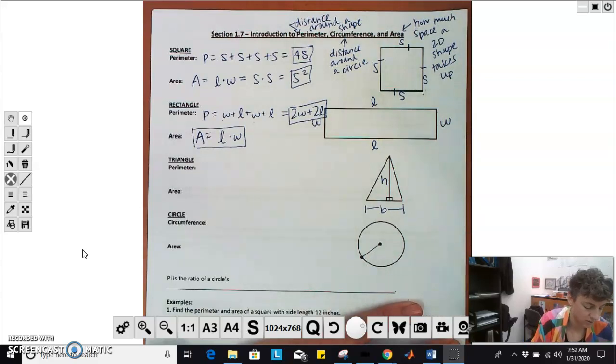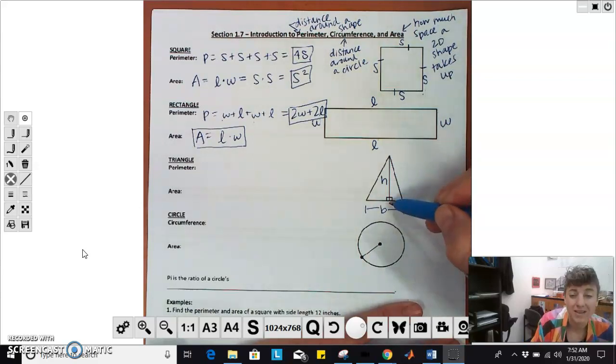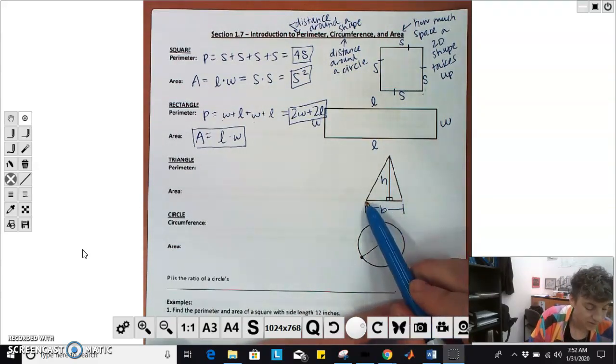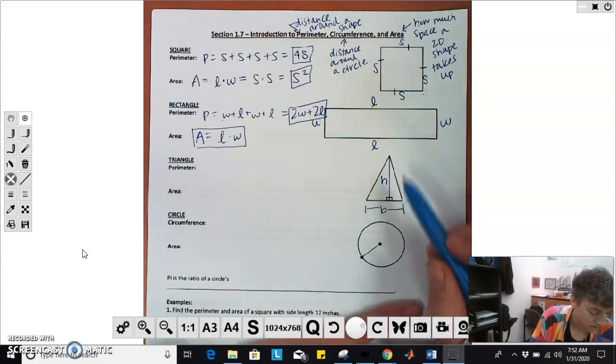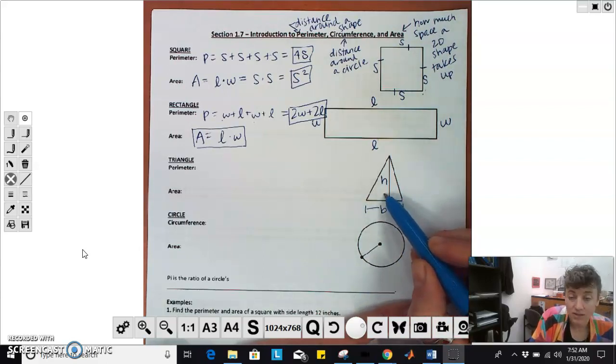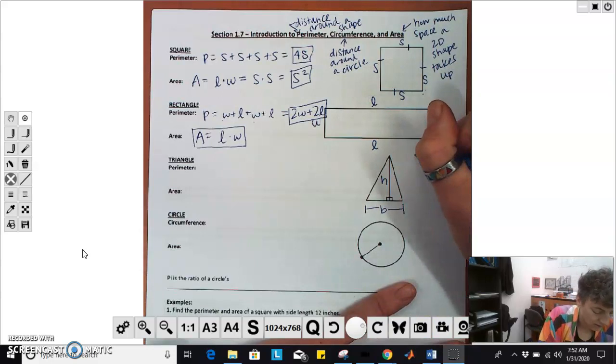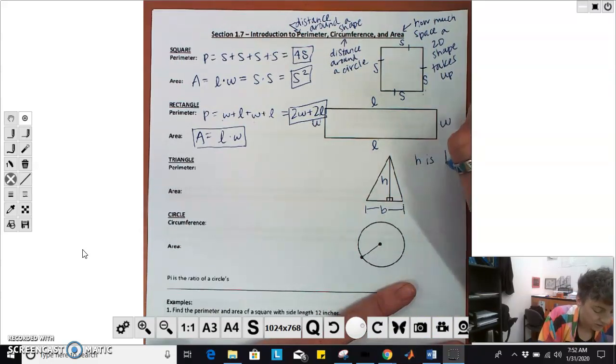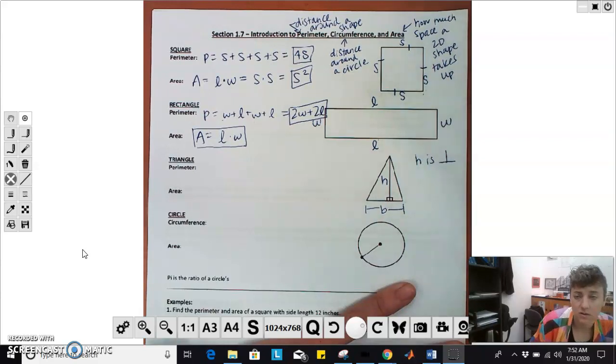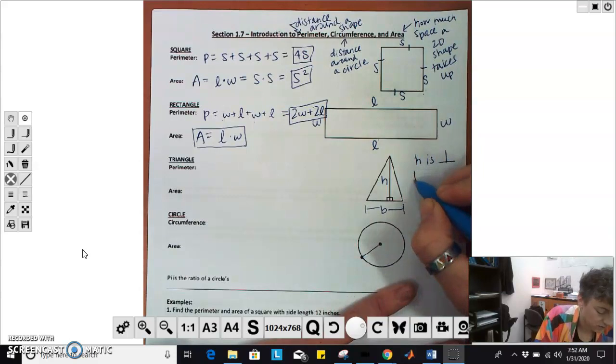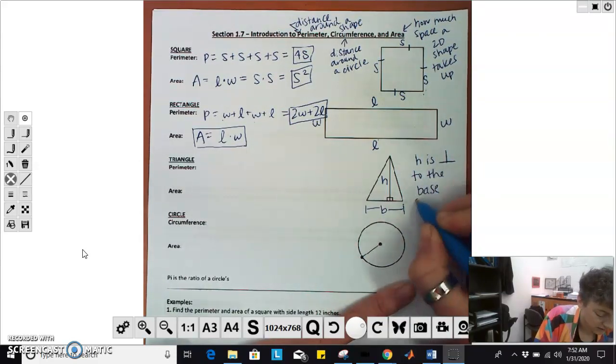And we will notice that the triangle's height is always perpendicular to the base, meaning they meet at a right angle. So height is perpendicular. That's what that symbol means. Height is perpendicular to the base, meaning they meet at a right angle.